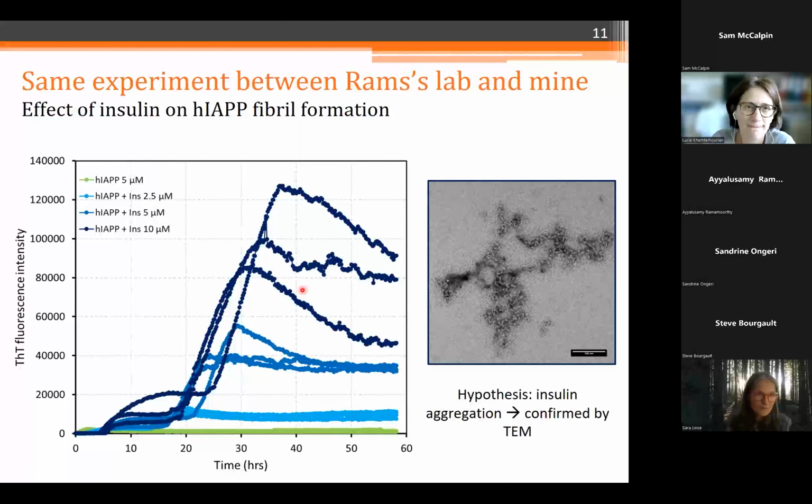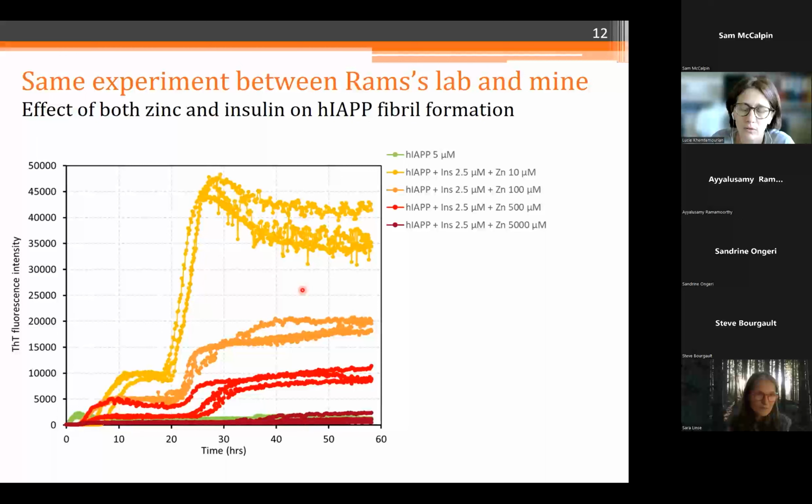And then what we wanted to check is if zinc and insulin together have an influence on IAPP fibril formation. Here you see that we keep the concentration of insulin constant at 2.5 micromolar, and we increase the concentration of zinc.